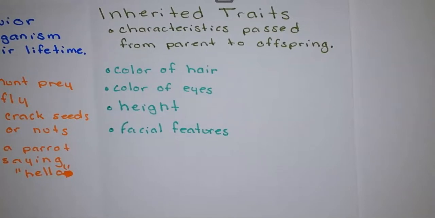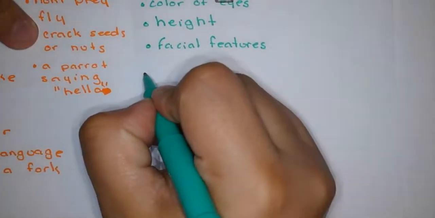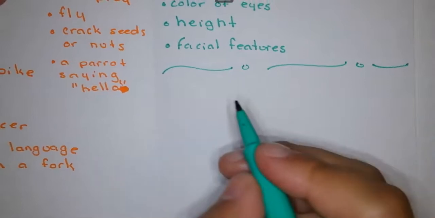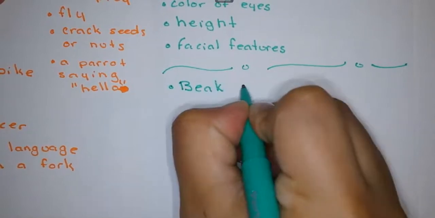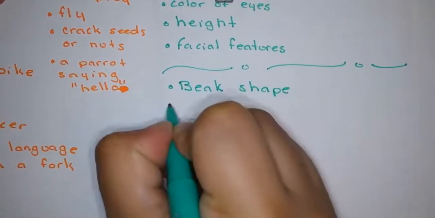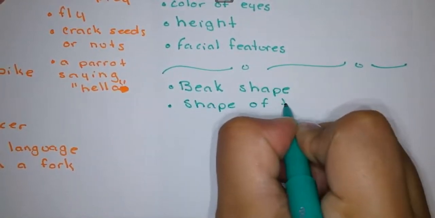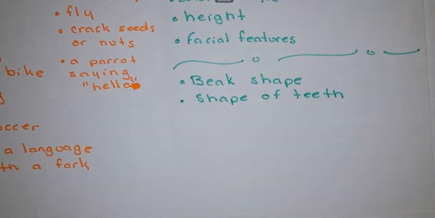Now, if we talk about animals, and I'm going to do a little line here. The beak shape of a bird is inherited. The shape of their teeth, sharks need pointy teeth, right? And hippos might not need that pointy of teeth, but they do need big, big teeth.